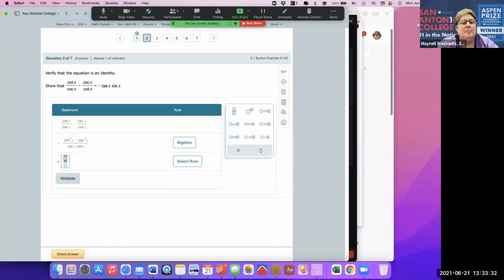Yeah. What do you want to substitute? Which one? We can solve for cotangent squared x in terms of cosecant squared x, or we can solve for cosecant squared x in terms of cotangent squared x.